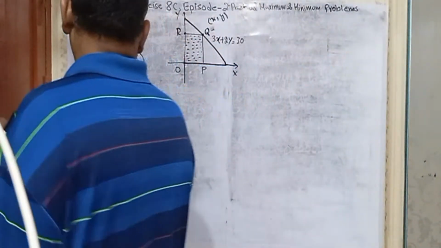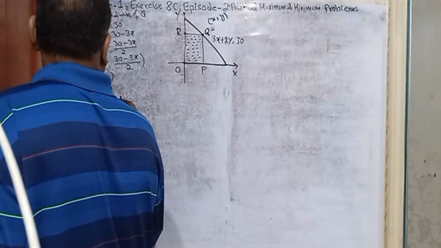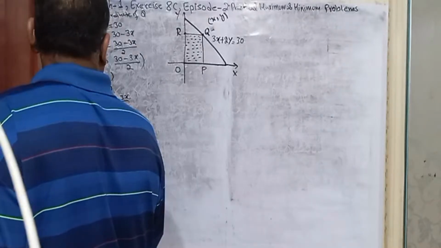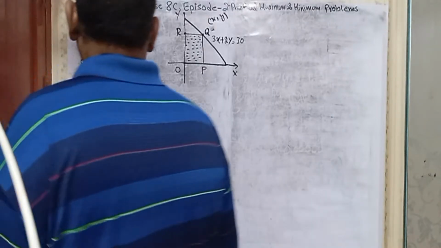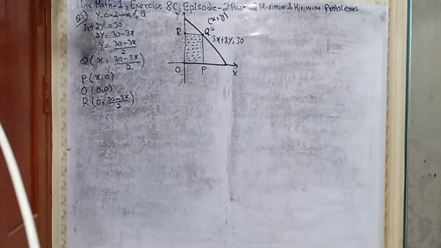So it will be 0 comma (30 minus 3x) divided by 2. So these are the coordinates of the points P, Q, and R. OPQR is a rectangle.